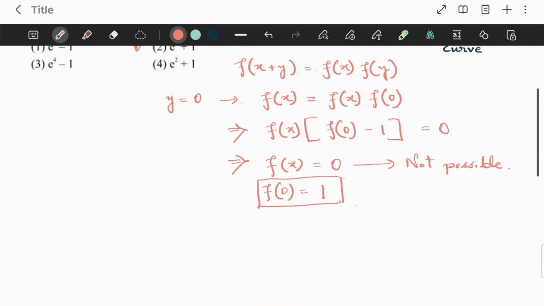Now in the next stage, the second stage, we'll put y equals h. So this will give us f of x plus h equals f of h into fx.